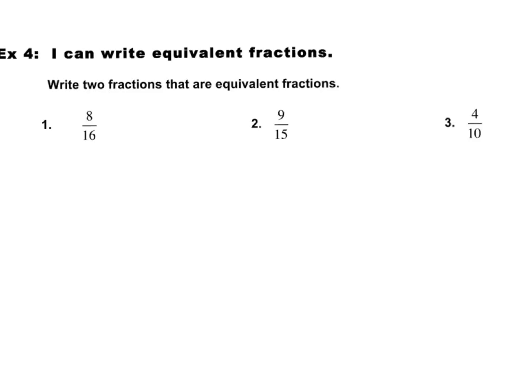All right, this next example, we're going to find out how you can write equivalent fractions. Let's write 2 equivalent fractions for each one of these. First of all, I know that I can simplify 8 all over 16 by dividing the top number by 2 and dividing the bottom number by 2. And so an equivalent fraction is going to be 4 all over 8.